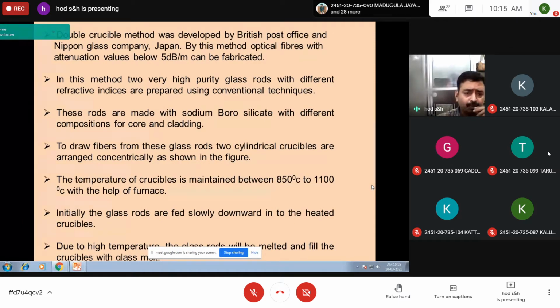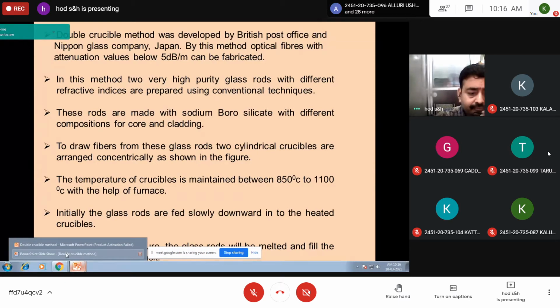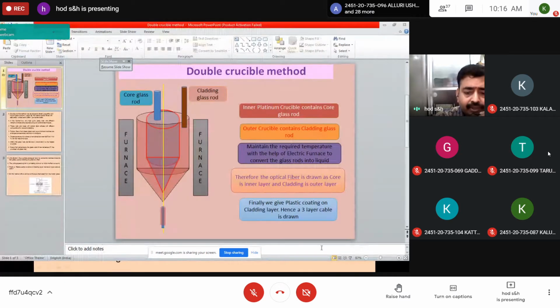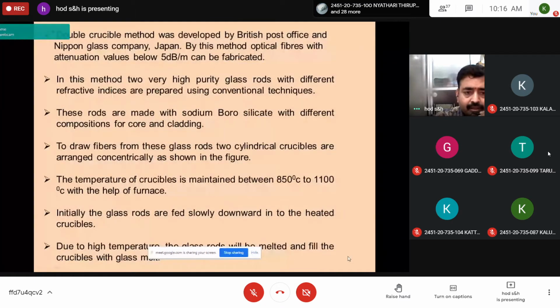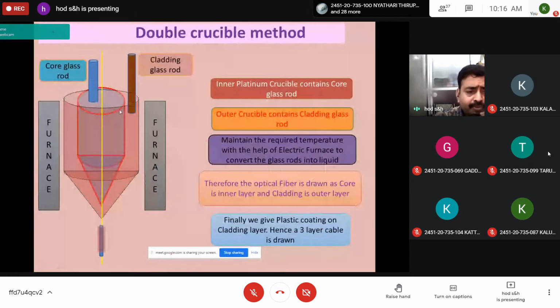So to draw optical fibers from these glass rods, two cylindrical crucibles are arranged concentrically as shown in the figure. So in the previous figure, we can see two crucibles are there. The first one is the inner crucible.